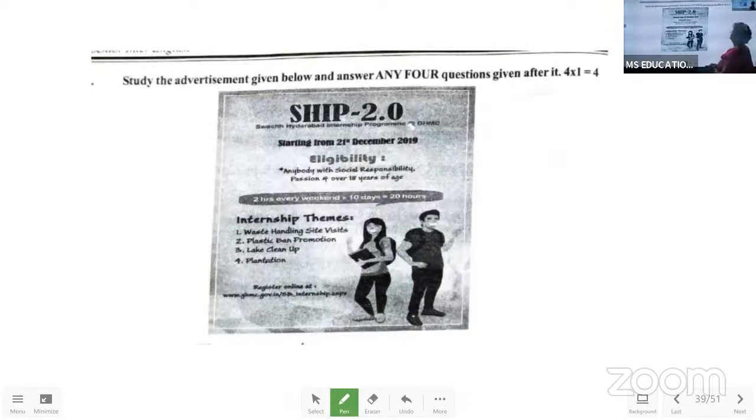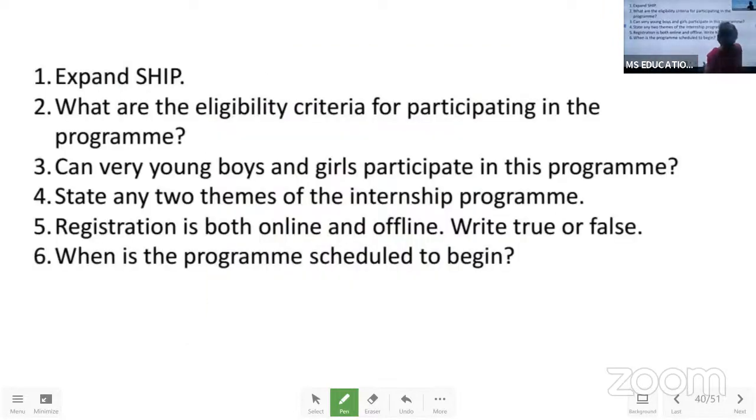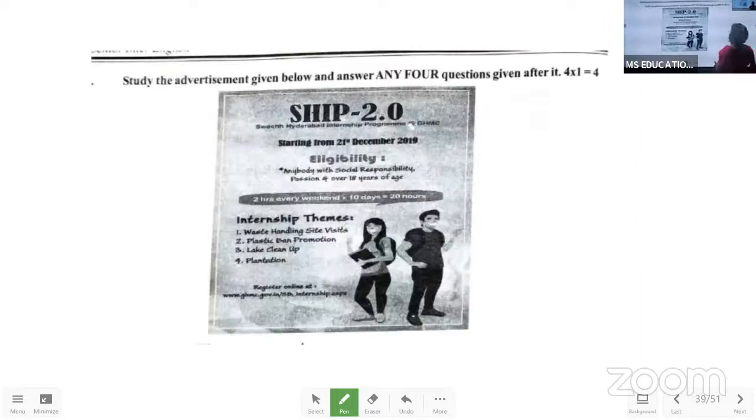Now, this advertisement says answer any 4 questions. It carries 4 marks. It is about SHIP, that stands for Swachh Hyderabad Internship Program. This is by the GHMC, which started on 21st December 2019. Expand SHIP. It's written over here, Swachh Hyderabad Internship Program.